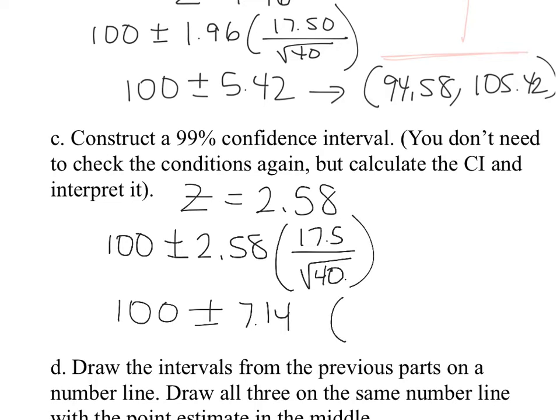The range in this case is 92.86 through 107.14. Notice, as the confidence level increases, the range of the confidence interval also increases.